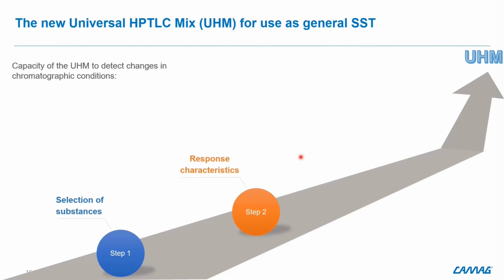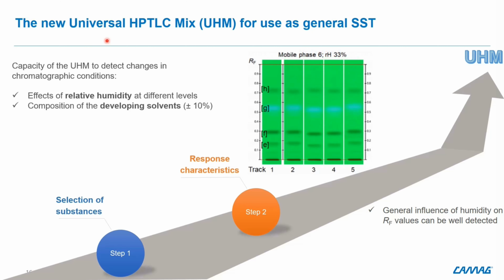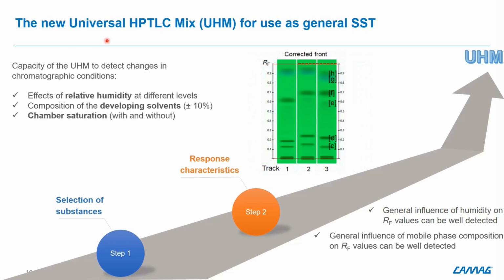Then in the second step, the capacity of the UHM to detect changes in the chromatographic conditions was investigated. Changes in the relative humidity were detected well. Changes in the composition of the developing solvents could be detected. And changes in the chamber configuration with or without saturation were also detectable.